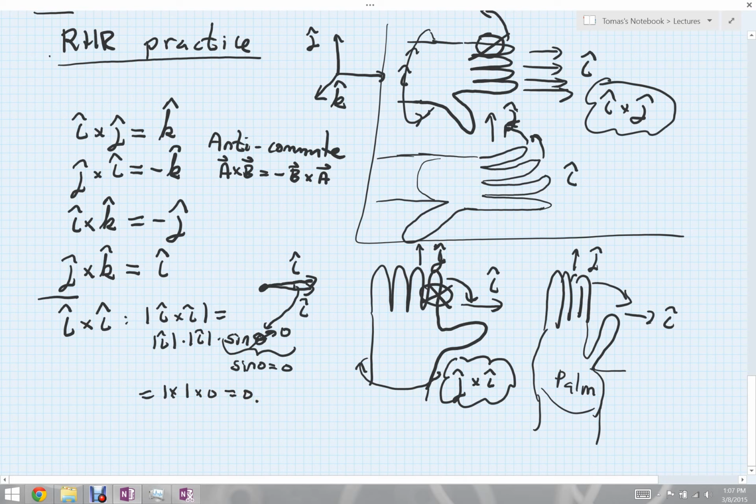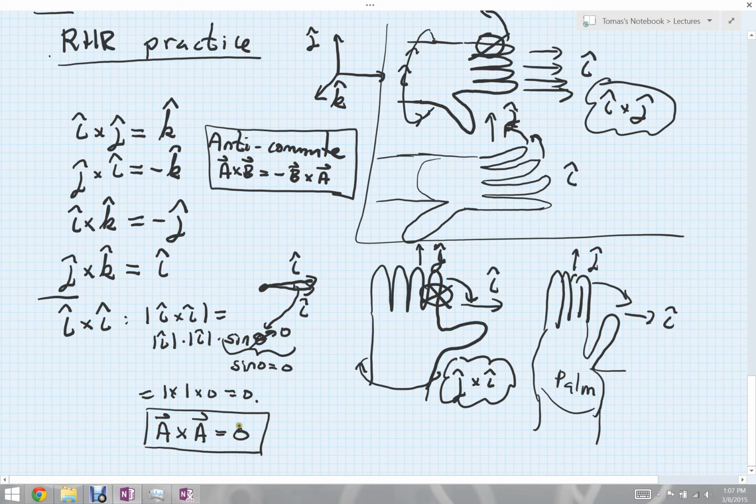So another handy fact, aside from this anti-commutation relationship and these answers we have for all of our unit vectors, the other handy mathematical fact is that any vector cross product with itself will actually, of course, give me a 0 angle, and then that also tells me that the cross product between them is going to give me 0 as the magnitude, and the only vector with 0 magnitude, of course, is the 0 vector, and we just get 0.